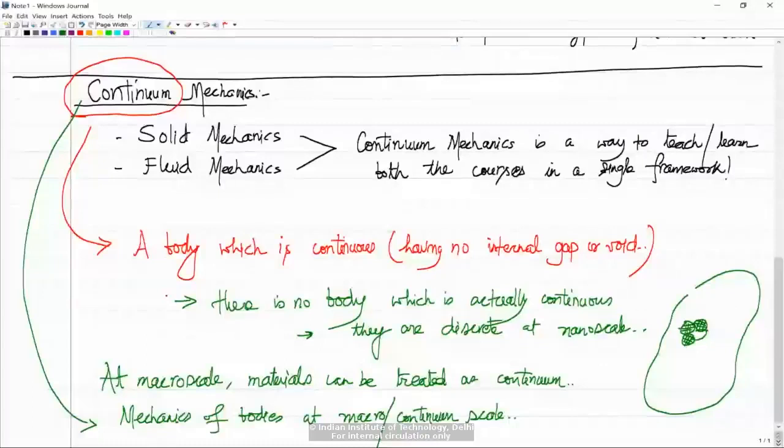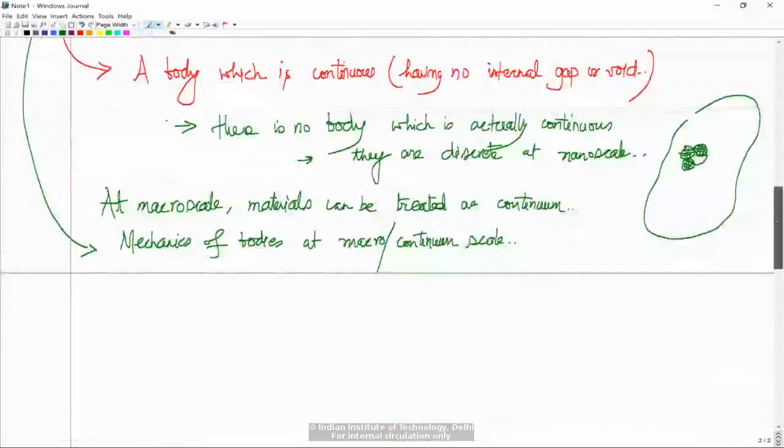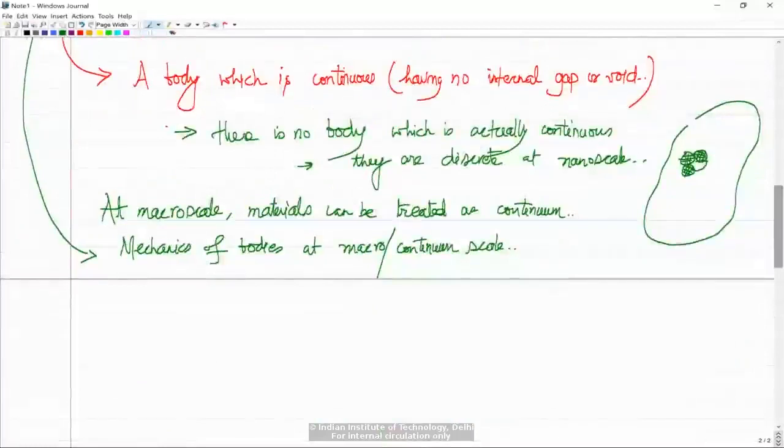Of course, these structures at nano and micro scale affect the behavior of the body at macro scale. It should somehow affect, but it affects in a different way, and we'll learn about those things as we proceed. It helps in the sense that when we say it's at macro scale, you don't have to model the grains or the atoms individually.